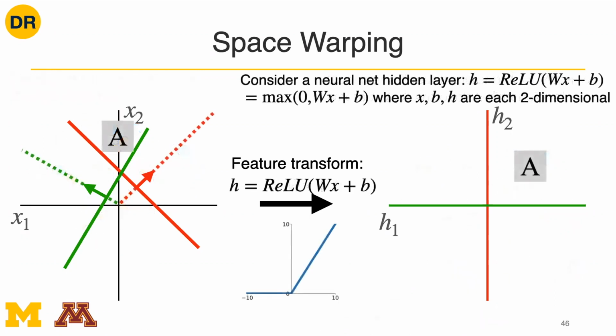For a negative input, the ReLU output is going to be 0. For positive input, the output is going to be the same as the input. You can imagine that the B here, which has positive on the H2 direction and negative on the H1 direction, will all collapse on this particular line, because this value is 0.